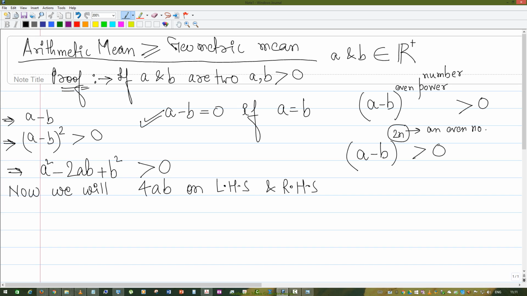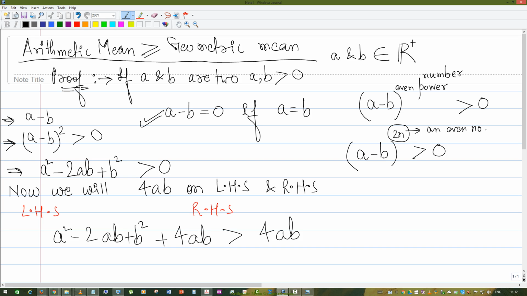Because whatever we are adding to the LHS, the same quantity we are adding to the RHS. So mathematically we are not wrong. Even if we take 4AB, 400AB, whatever it be, whatever we have added in the LHS, we have added in the RHS. So A square minus 2AB plus B square plus 4AB is greater than or equal to 0 plus 4AB.